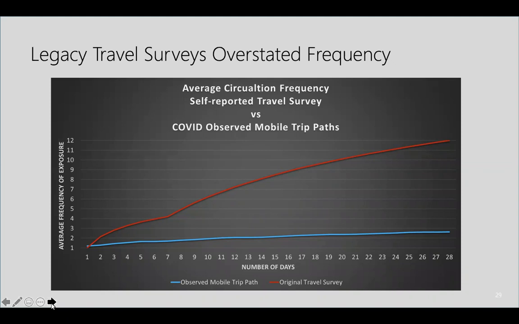So this is a much more empirically derived method. And so we're going to be seeing, even for markets that are not impacted by a reduction of trips, a reduction of trip frequency, just moving to what we now know to be the average trip frequency of devices, or the frequency of exposure on roadways to the audience itself.